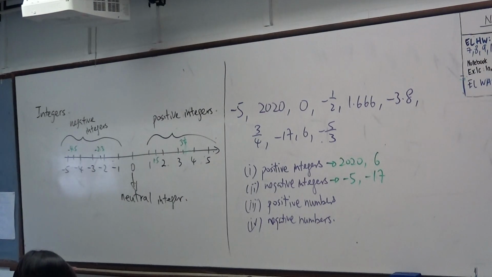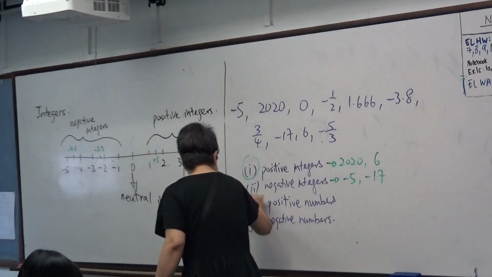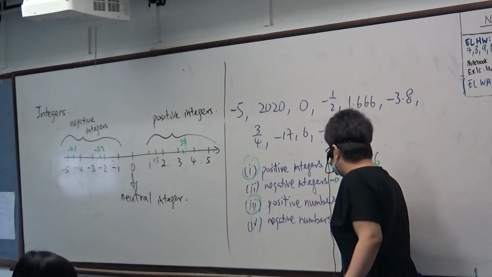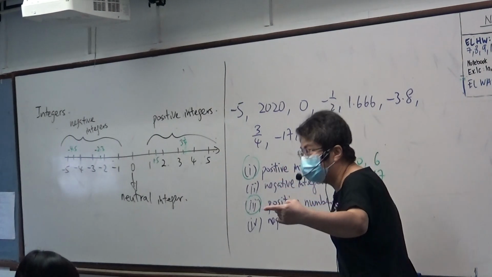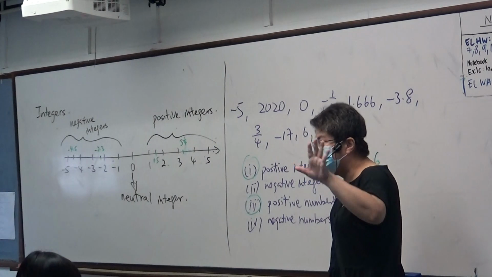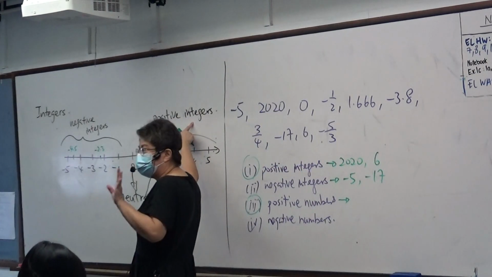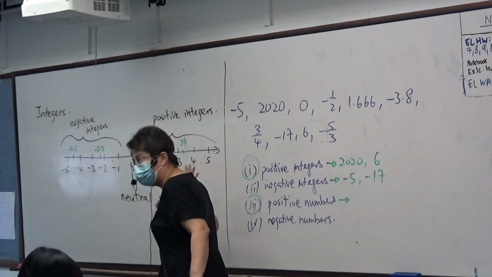Are we okay? Now, what's the difference between part 1 and part 3? These are what? Positive numbers. Now, positive numbers include integers. You don't say positive numbers don't include integers, they do. That means integers are special, just that they are whole numbers. But all these are called positive numbers. Understand?